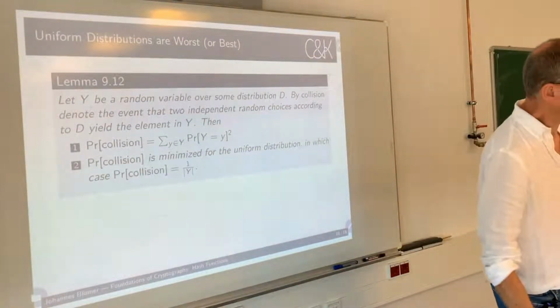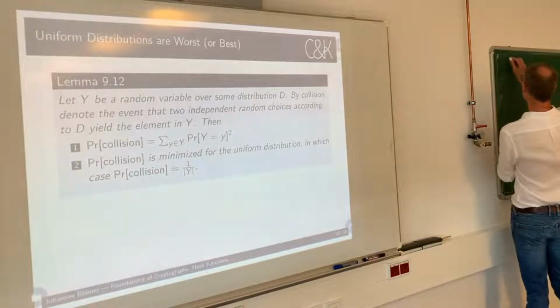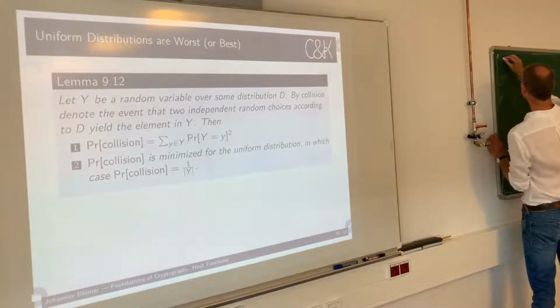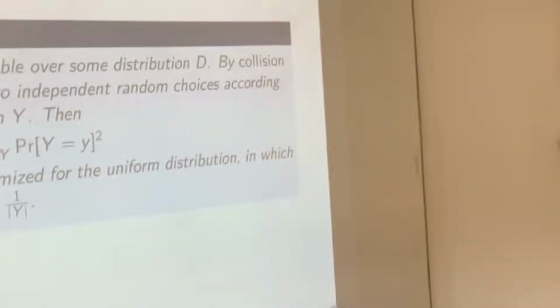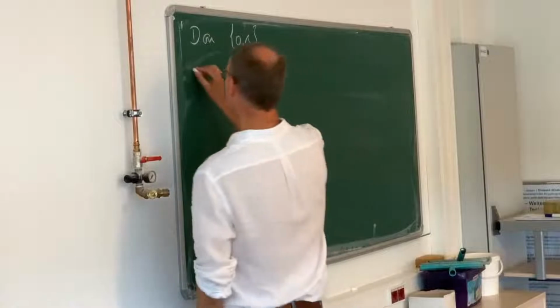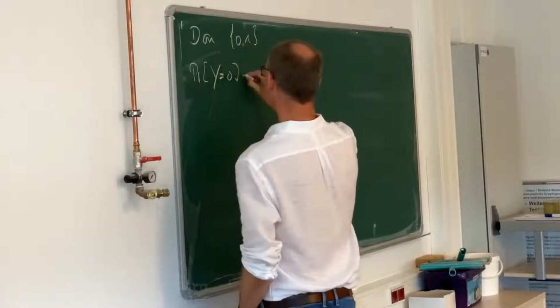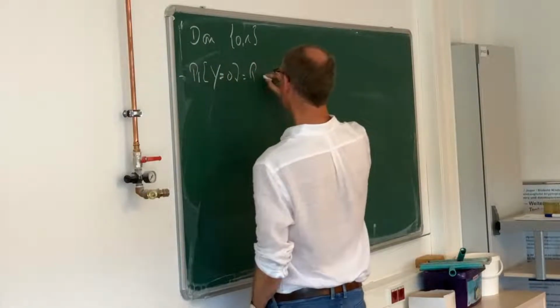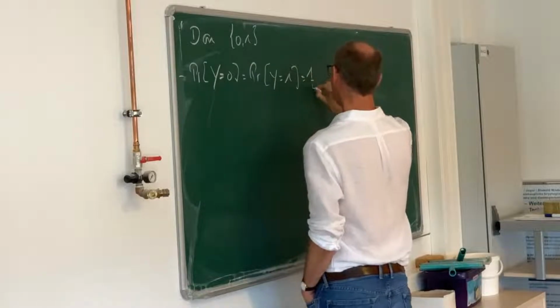Let's just do a simple example. If you have the uniform distribution D on 0, 1, so the probability that y is 0 is 1/2, and the probability that y is 1 is 1/2.